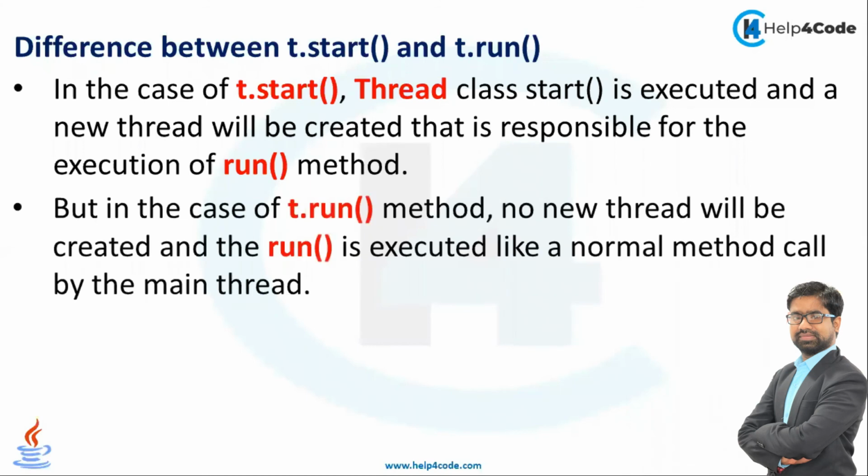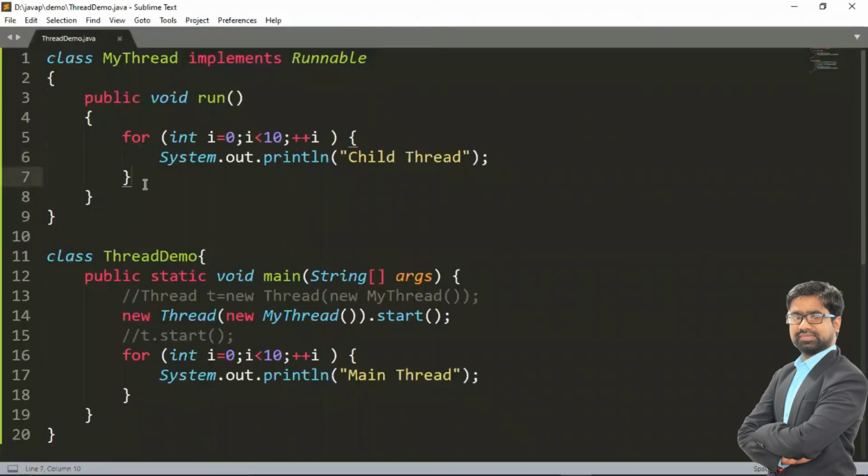But in the case of t.run, no new thread will be created and the run method is executed like a normal method. Suppose I replace t.start with t.run. It will call run just like a normal method, like methods to find a factorial, the area of a circle, or the addition of two numbers.